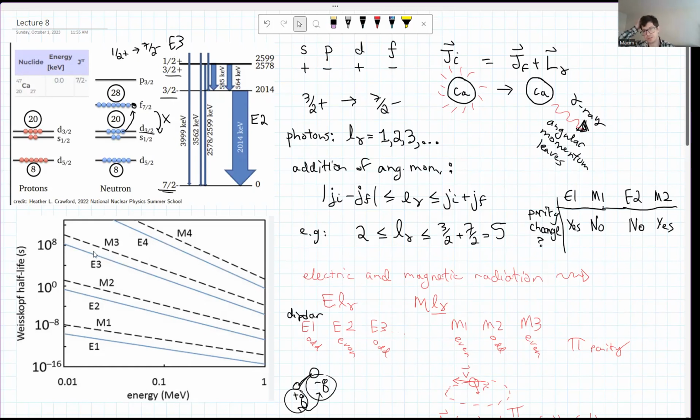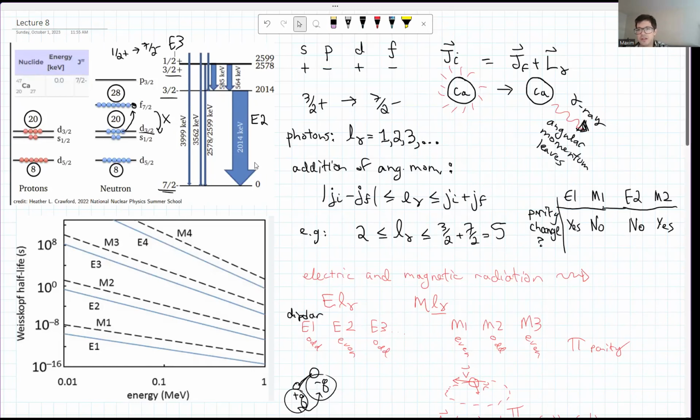So sometimes this large angular momentum transfer leads to very large half-lives for transitions that are otherwise very high energy, have very large gaps. So this kind of transition, from here to here, likely doesn't happen because of something like that. So that's what I wanted to mention.